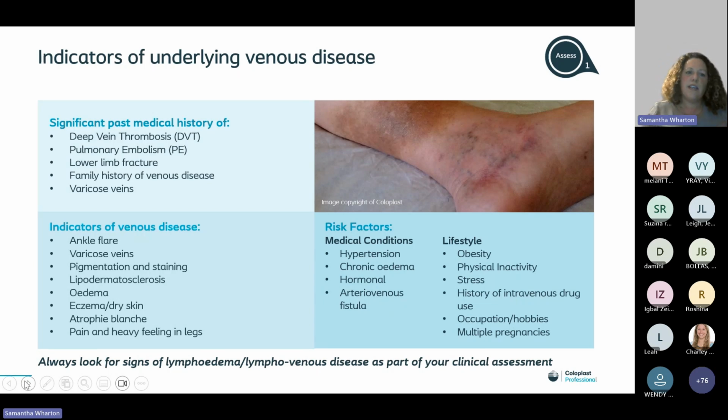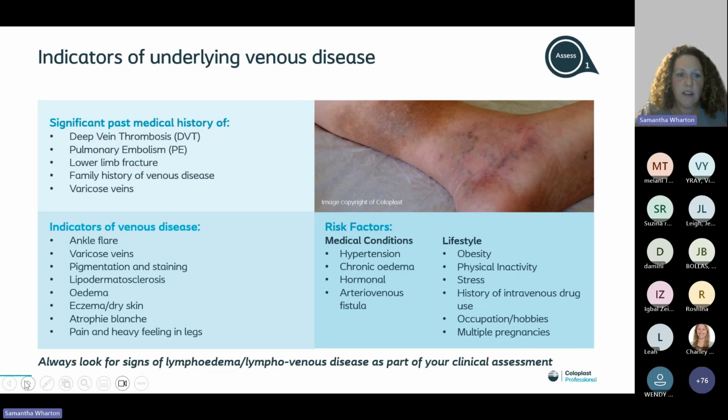We've also got those indicators of venous disease: that ankle flare, varicose veins, that pigment and staining. So obviously in that image you can see there, you can quite clearly see that venous staining on the lower limb.